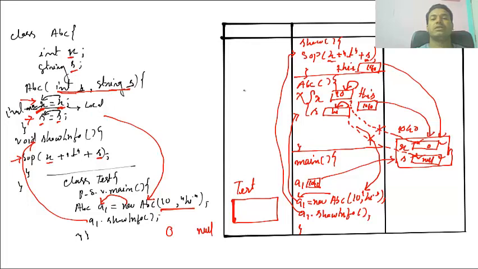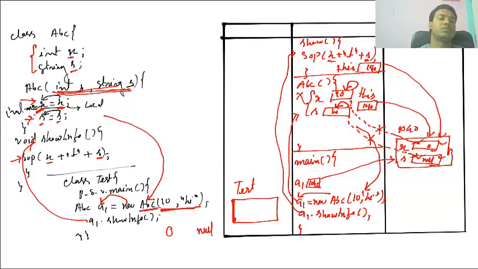So this problem comes when the instance variable name and the local variable name inside the constructor are the same. Even when you are providing the values while creating the object, the value is not going to be initialized in the object because of this reason.